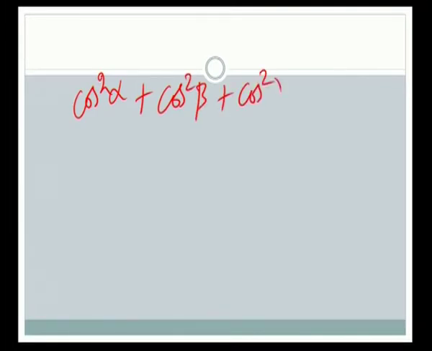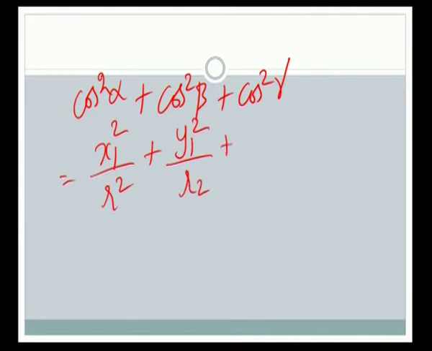Now add all three squared direction cosines: cos square alpha plus cos square beta plus cos square gamma. So cos square alpha is x1 square by r square, cos square beta is y1 square by r square, and cos square gamma is z1 square by r square.